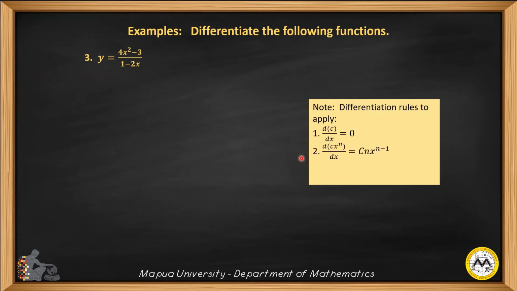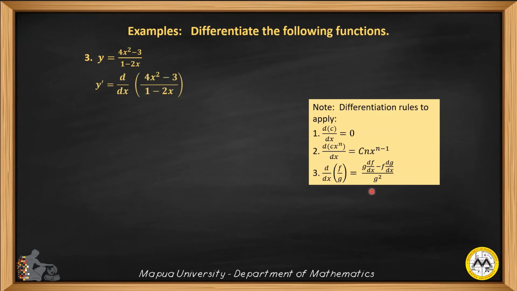That the derivative of a constant c times x to the n with respect to x is c times n times x to the n minus 1. And the derivative of a ratio f divided by g with respect to x would equal g times the derivative of f with respect to x minus f times the derivative of g with respect to x, divided by g squared.